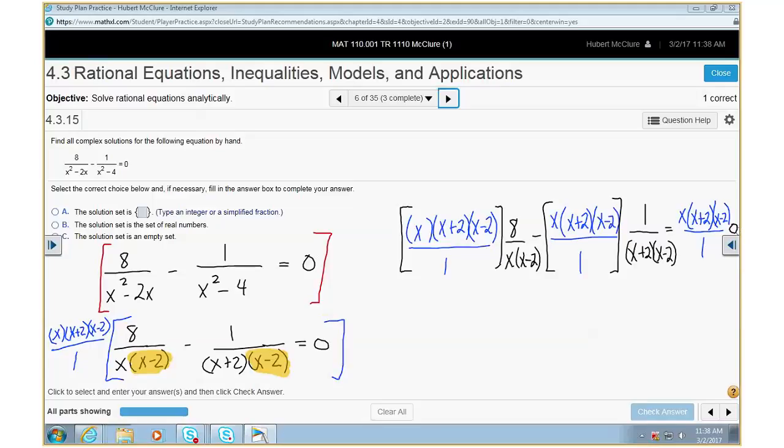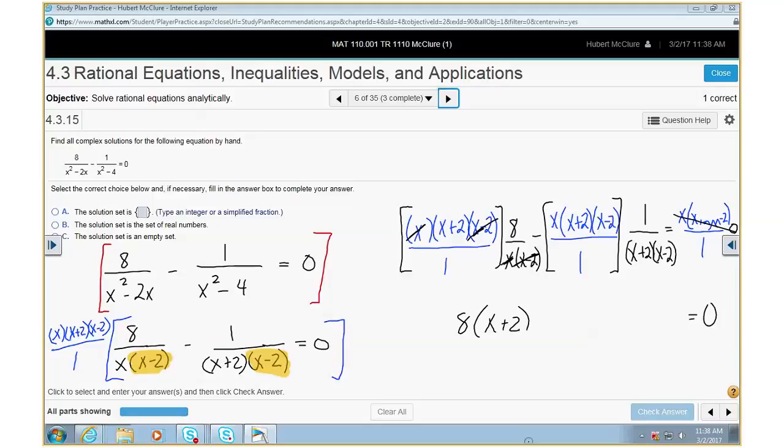And what happens on the right-hand side? You get 0 here. And what happens here? What cancels? The x and the x minus 2 cancel, and that leaves you with 8 times what? X plus 2.